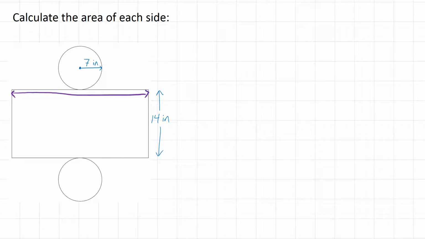But we can actually find this because this side wraps around the circular top and bottom. It's exactly equal to the circumference of the circle. So we can calculate the circumference of the circle with the circumference formula, which is 2 pi r.